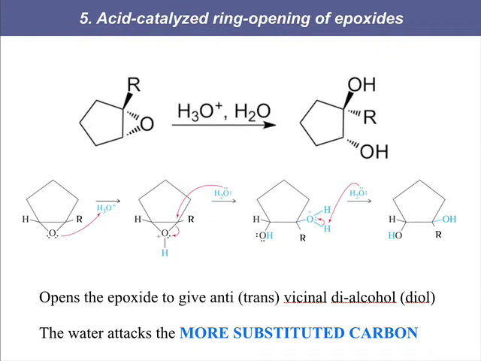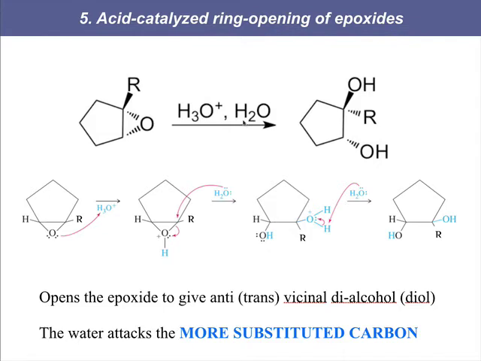In this case, in reaction 5 here, we're looking at the acid catalyzed ring opening of epoxides. So here's an epoxide, and now I'm giving us very specific stereochemistry so I can illustrate this. We're starting with an epoxide with the ring oxygen down and some R group up on this carbon, and therefore we'd have some H group, hydrogen, up on this carbon.